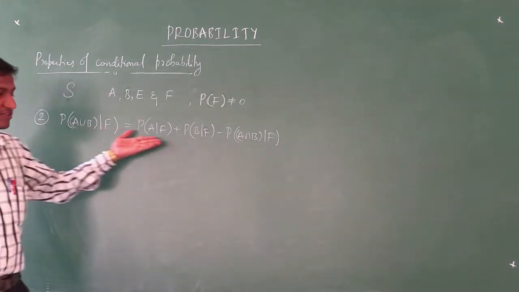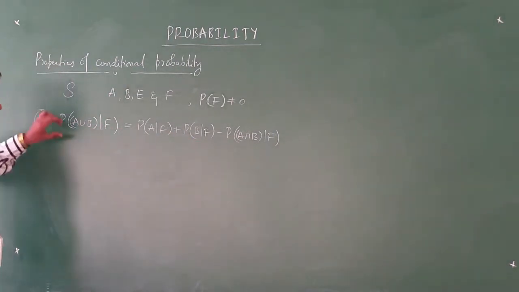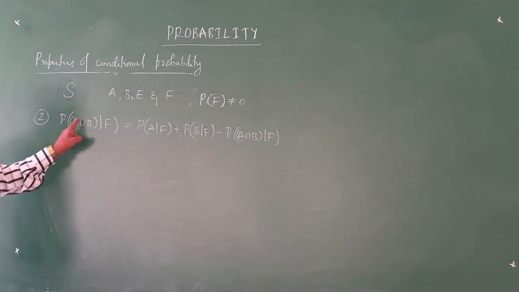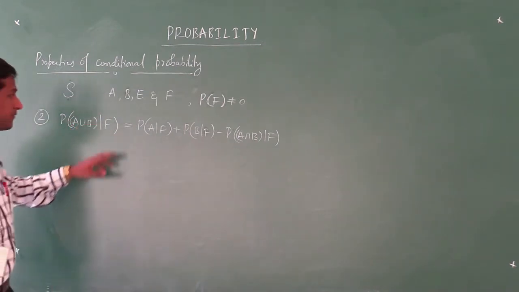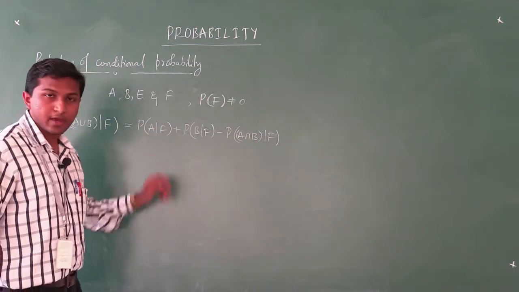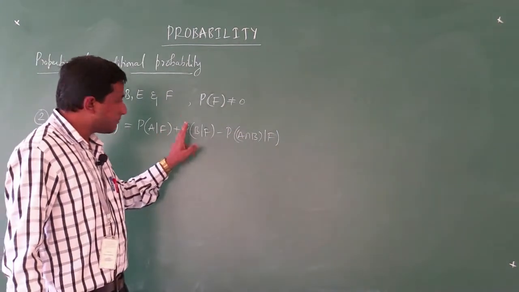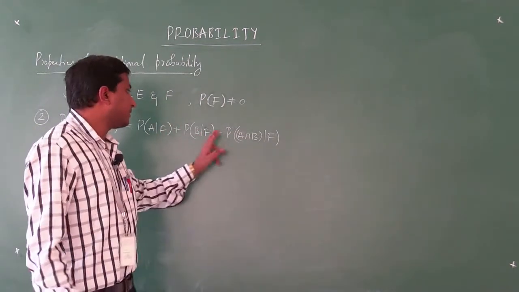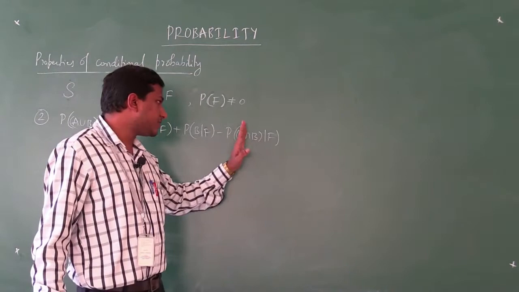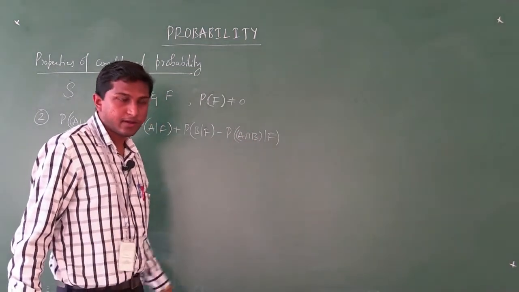Then this result is true. What is this result? P of A union B bar F equals P of A bar F plus P of B bar F minus P of A intersection B bar F.